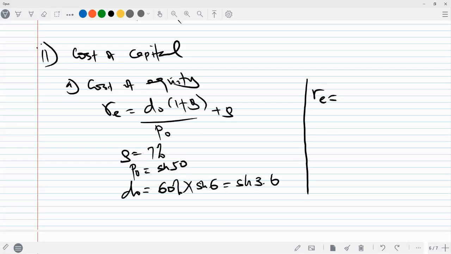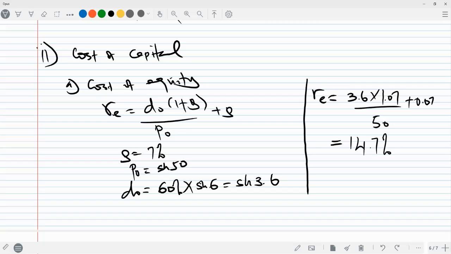Therefore, the cost of equity will be equal to D naught, which is 3.6, times (1 plus g), 1.07, divided by the current market value 50, plus the growth, which is 0.07. This gives 0.147, in percent 14.7%.